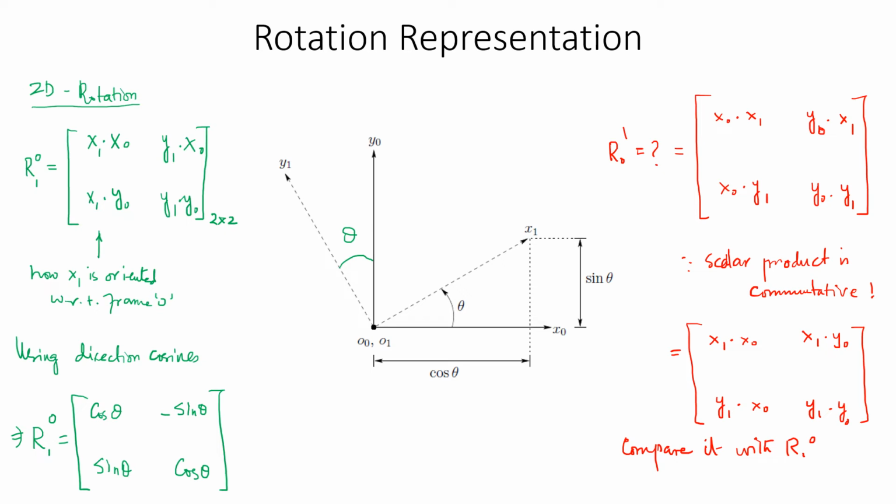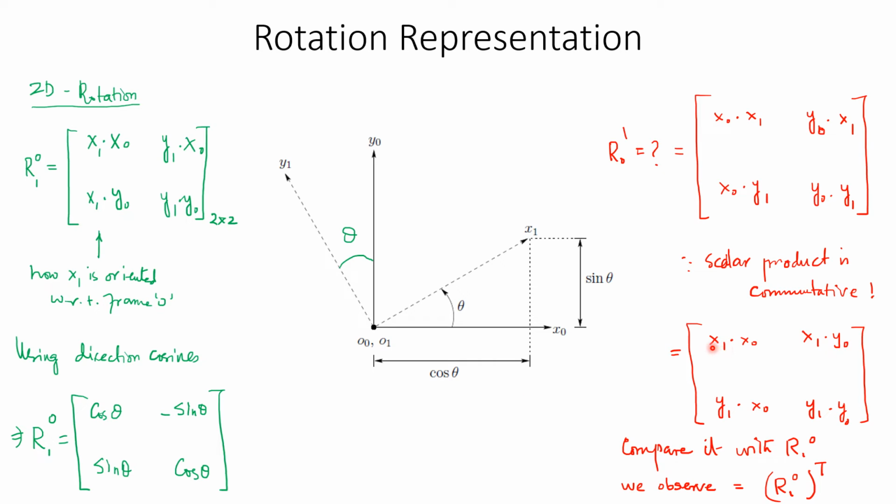And if you observe very clearly, this is actually the transpose of R10. So we observe that it is equal to R10 transposed. Why so? I can make you see that.